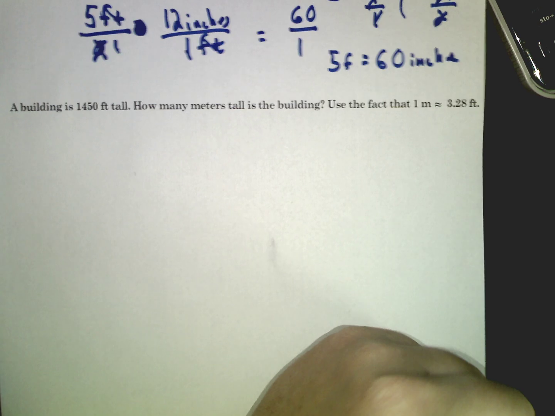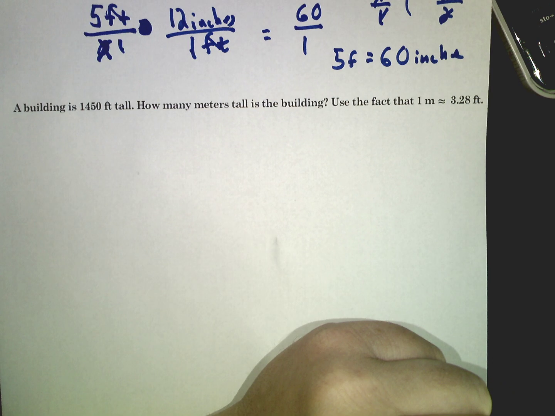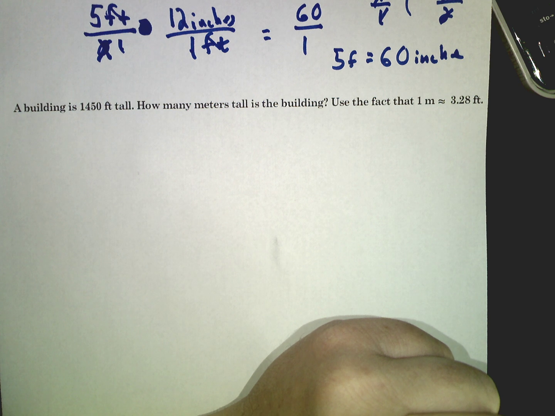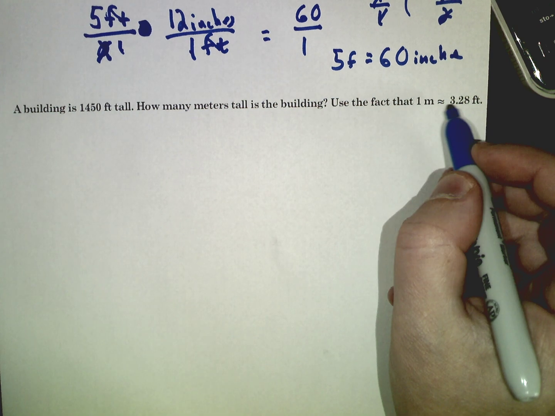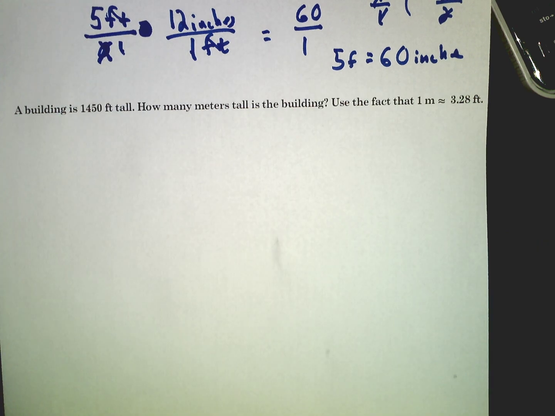Same idea. It says a building is 1,450 feet tall. Pretty darn tall. How many meters tall is the building? And use the fact that 1 meter is approximately 3.28 feet.